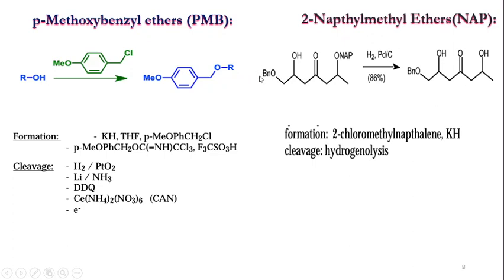This is the protection of OH by means of benzyl ether, but it cannot be deprotected by means of H2, Pd/C. H2, Pd/C only deprotects the 2-naphthyl methyl ether. That means this is the OH deprotected form of 2-NAP, and the 2-naphthyl methyl ether can be formed by the reaction of 2-chloromethyl naphthalene in presence of KH, and cleavage can be done with hydrogenolysis.